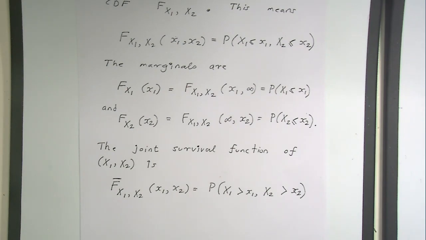So this is a counterpart of the joint CDF, where the joint CDF is always defined as something less than or equal to, whereas the survival function is defined as something greater than. You see the difference between the two, right?